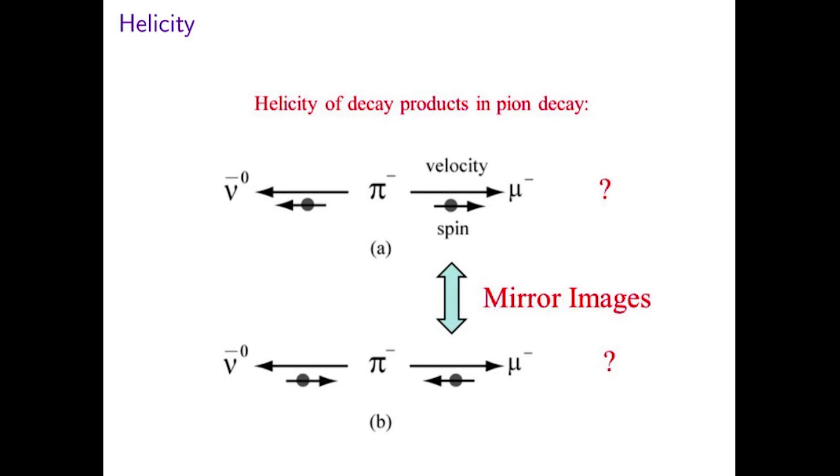This itself is a violation of Lorentz invariance, because we are unable to reverse the helicity of that antineutrino.